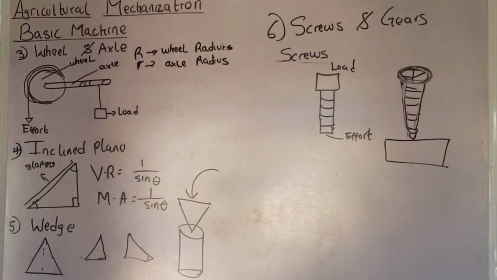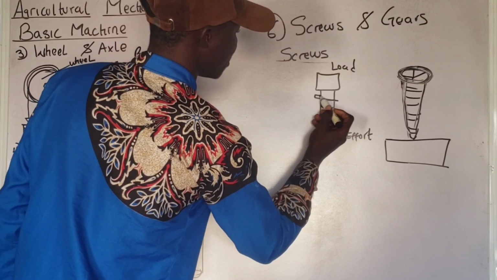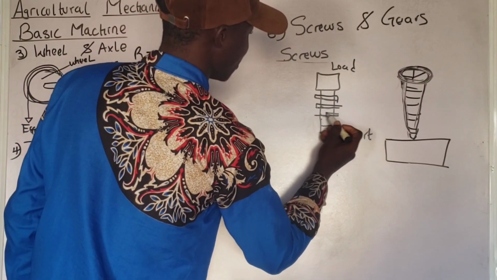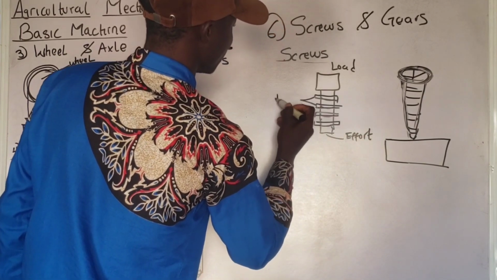We can see where the load is and where the effort is. But in the screw jack, there is something called the pitch and there is something called the thread. Let me redraw this for the sake of clarity. This is the thread.